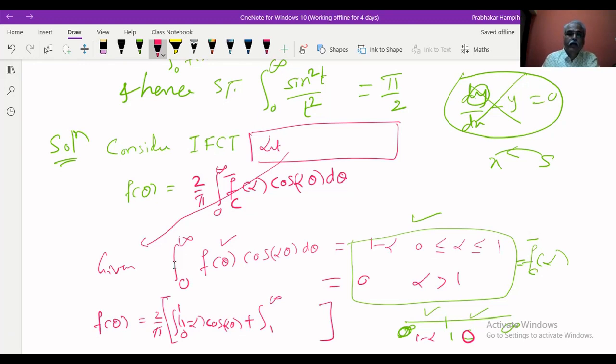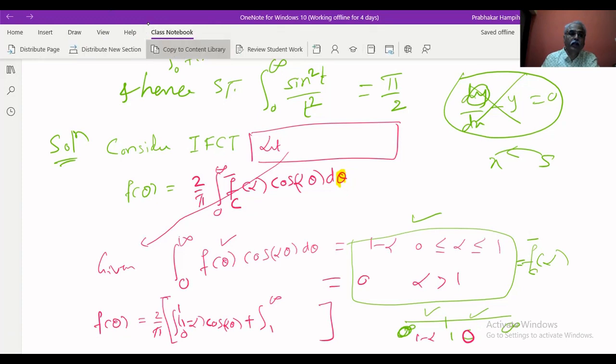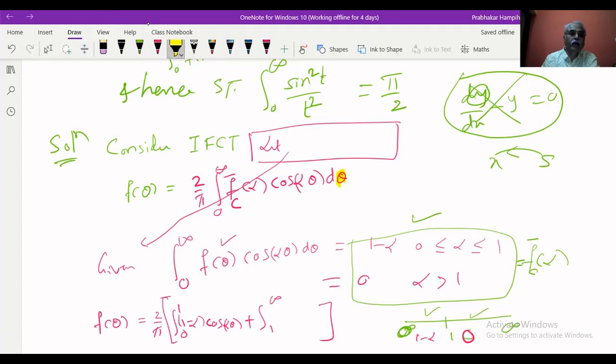Instead of d theta, we consider d alpha. This part, from 1 to infinity, becomes 0.